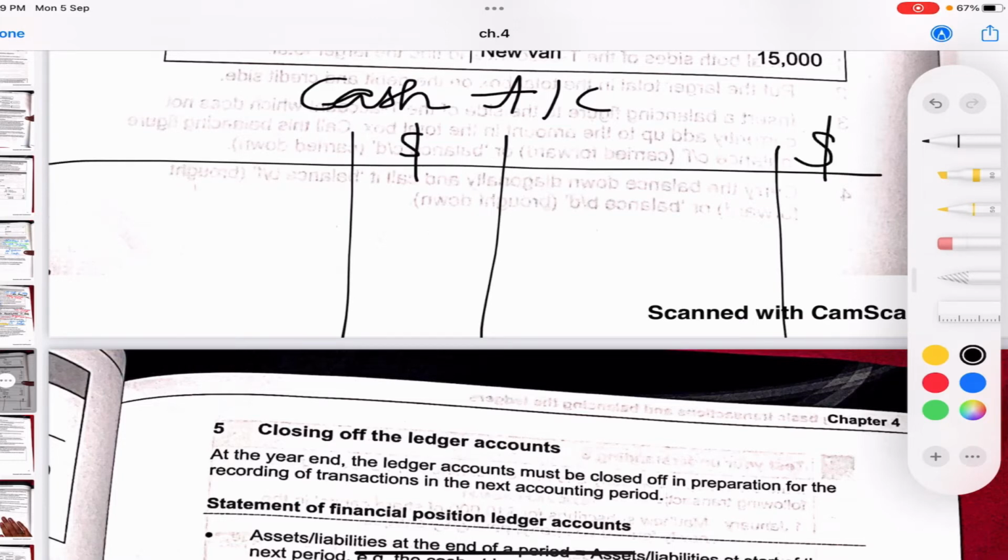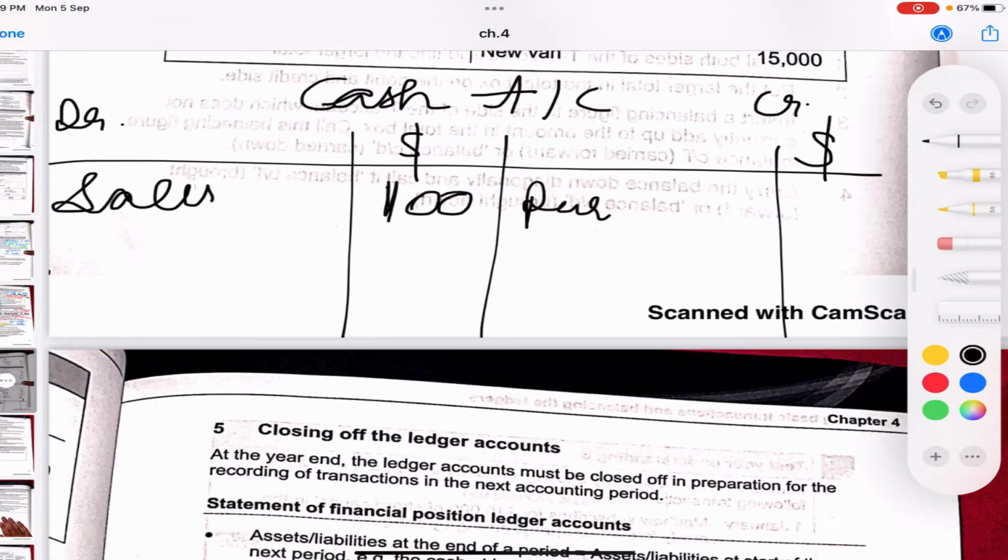So let's say we have cash account debit to sales. So sales 100, and purchases comes here. Let's say the purchases is just 20.